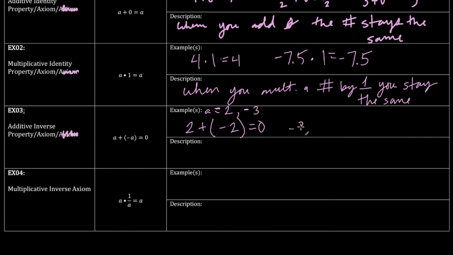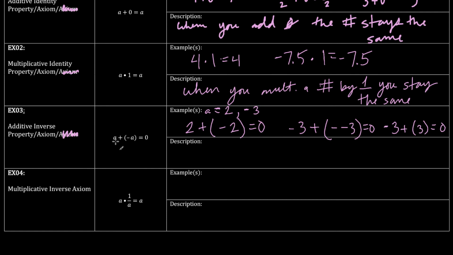I'm going to try negative 3. So negative 3 plus, you've got to be careful here. Remember, that's a negative, so it's going to be negative 3 plus negative negative 3 equals 0, which really just means negative 3 plus, when you take away the negative, it's just a 3. You get 0.